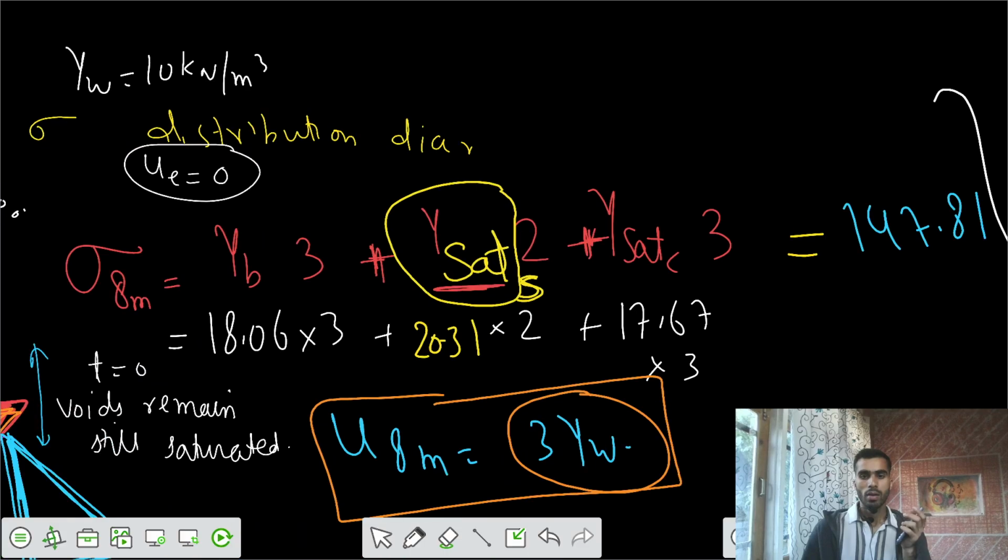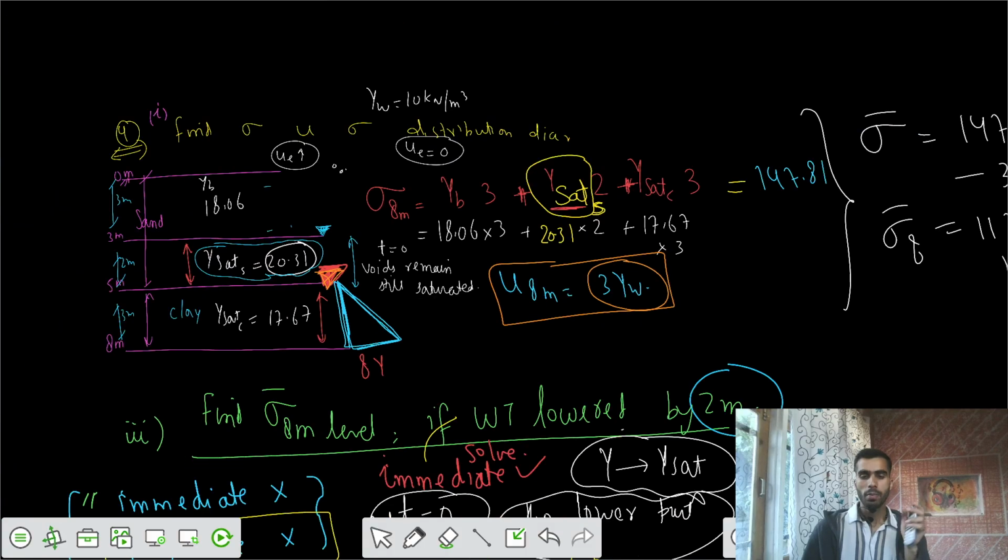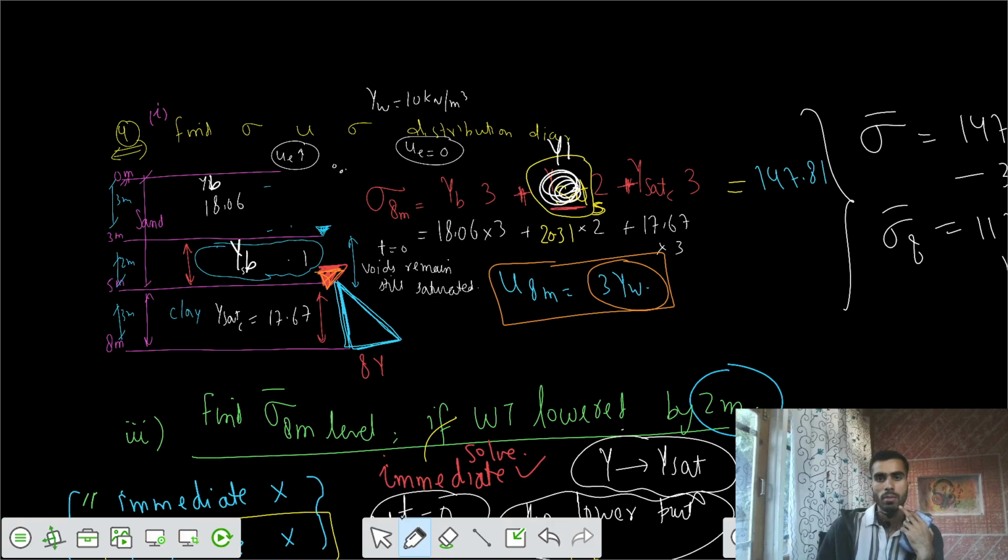In the part where you have lowered the water level, your soil would now be in bulk condition, so this would also be gamma bulk, and the top one was also gamma bulk. So I would write gamma bulk into 2, that's 18.06 into 2. So the final value would be here.